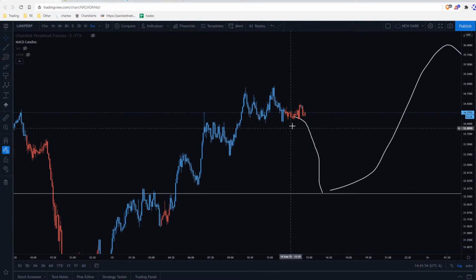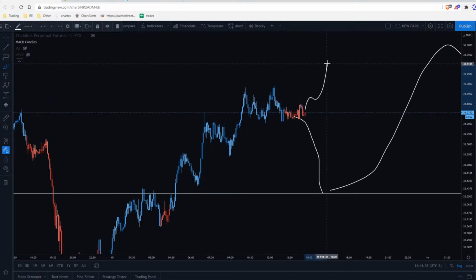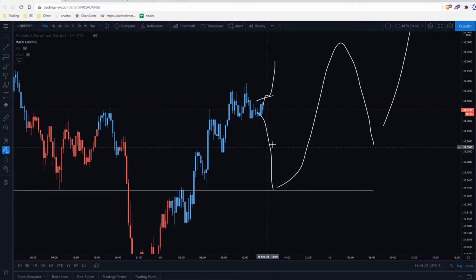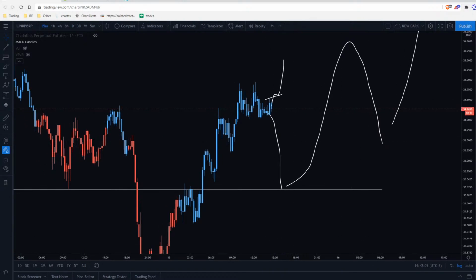So 5-minute looks like it might just turn back up. So if we get a blue flip on 5-minute, and this is what I'm looking at. I took an add-on position on Link that I really shouldn't have. So if 15-minute goes red, then I'll cut that add-on, but I'll leave my main position.